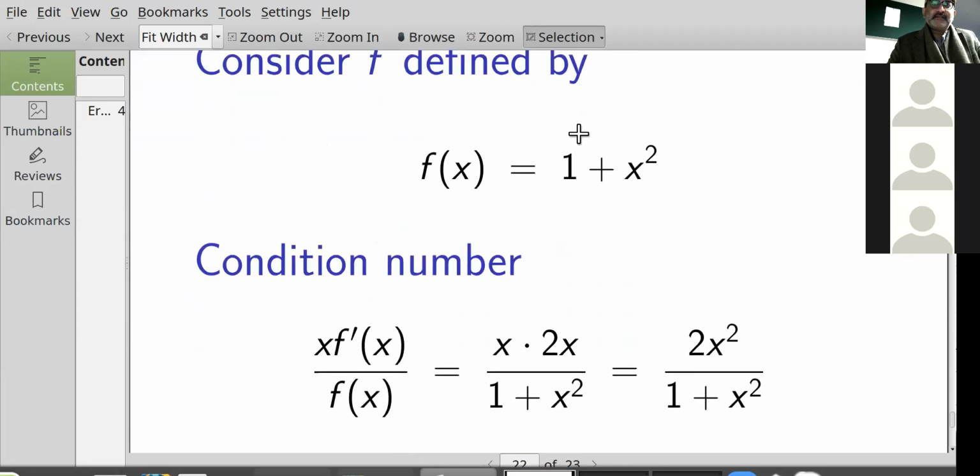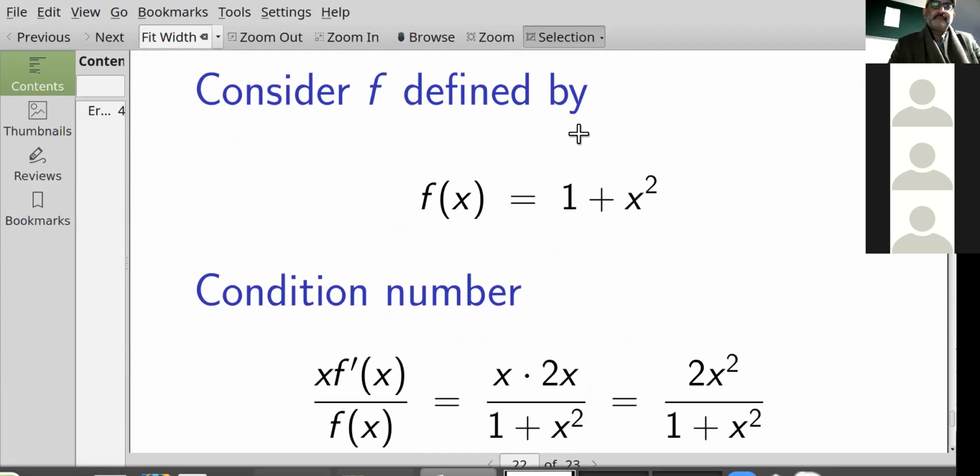f of x is equal to 1 plus x squared. What's the condition number? It's x times the derivative of f of x divided by f of x. x times the derivative is twice x, divided by f of x, which is 1 plus x squared. So that gives me twice x squared over 1 plus x squared.